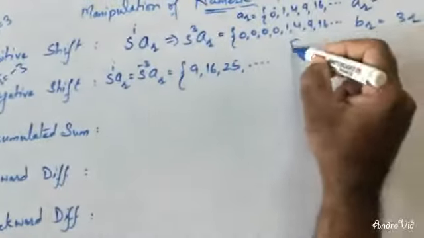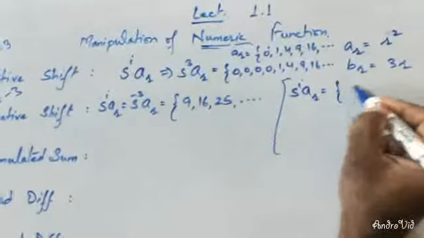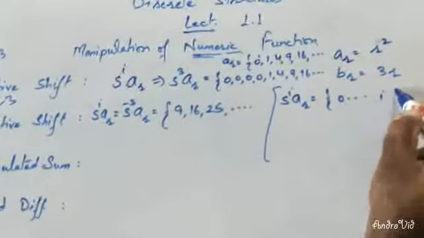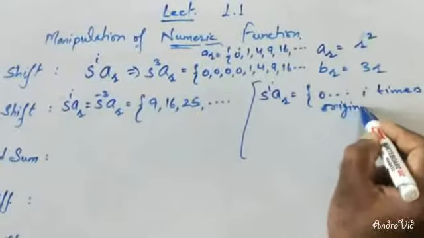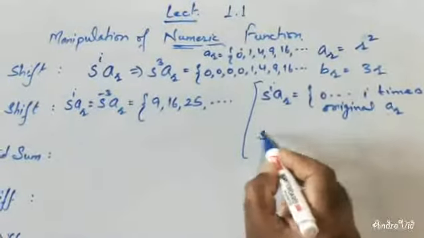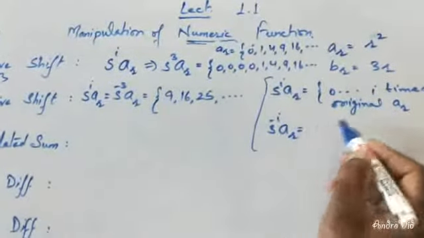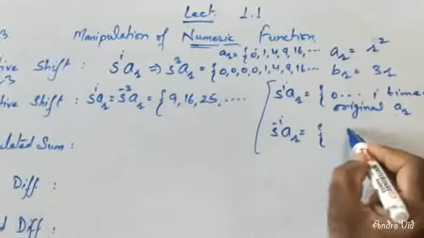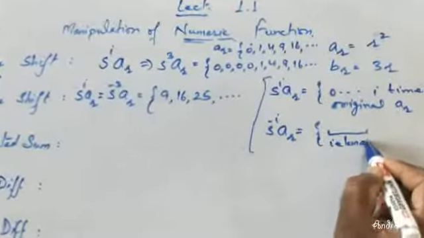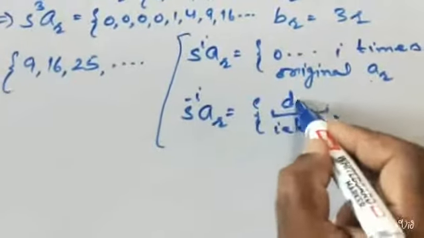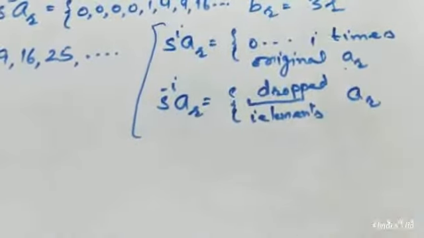So we can say that S i of a(r) will be having zeros i times and then the original a(r). S negative i, or we can say negative number, of a(r) will be: i elements of a(r) will be dropped and then the left a(r) will be continued.